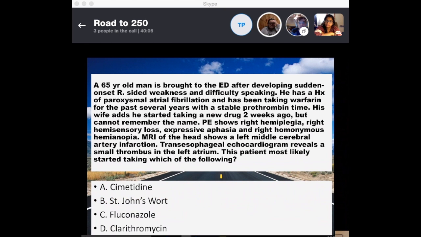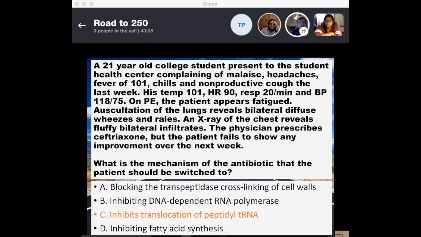Okay, so just going back to this question really quickly. So what does this guy have? He's a college student, malaise and headaches, last week. He's just fatigued. His chest x-ray shows fluffy infiltrates.